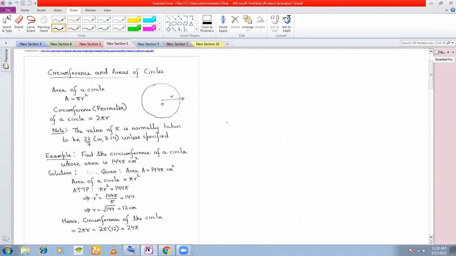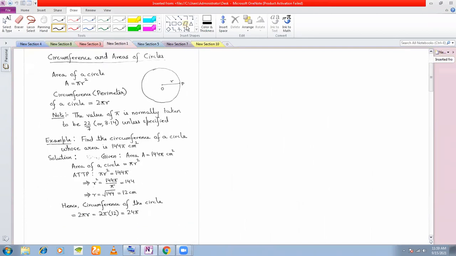Let us move on to circles. A circle has a center. If you take any point on the circle and take the distance of the center from that point, then this distance is called the radius, denoted by R. So what is the radius?